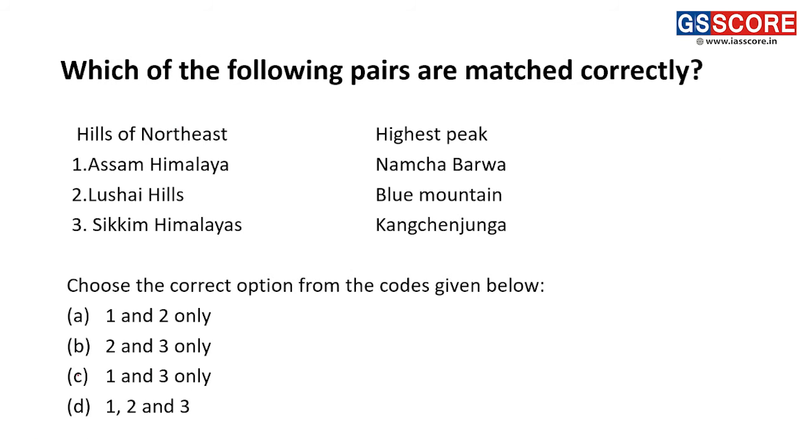Now, the next question we'll be looking at: which of the following pairs are correctly matched? Pair 1 is hills of Northeast India, and pair 2 is highest peak. In the Assam Himalayas, we can see the presence of Namcha Barua.